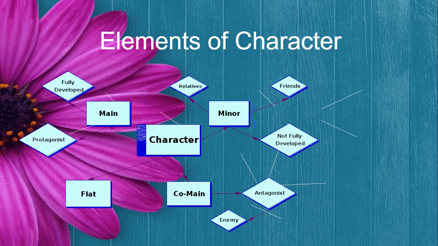The main character can be fully developed. It can be the protagonist. And the minor character can be the relatives, friends. They don't have to be fully developed in a story. And the co-main character can be the antagonist or the enemy.